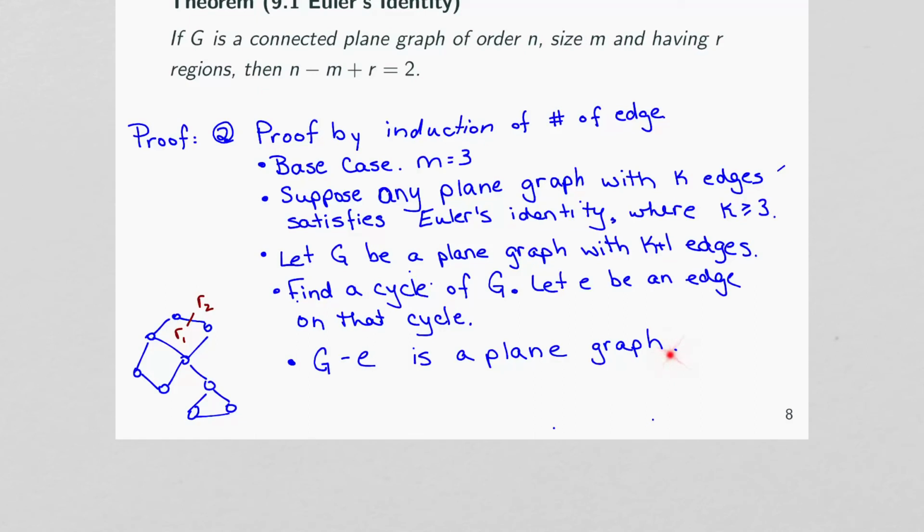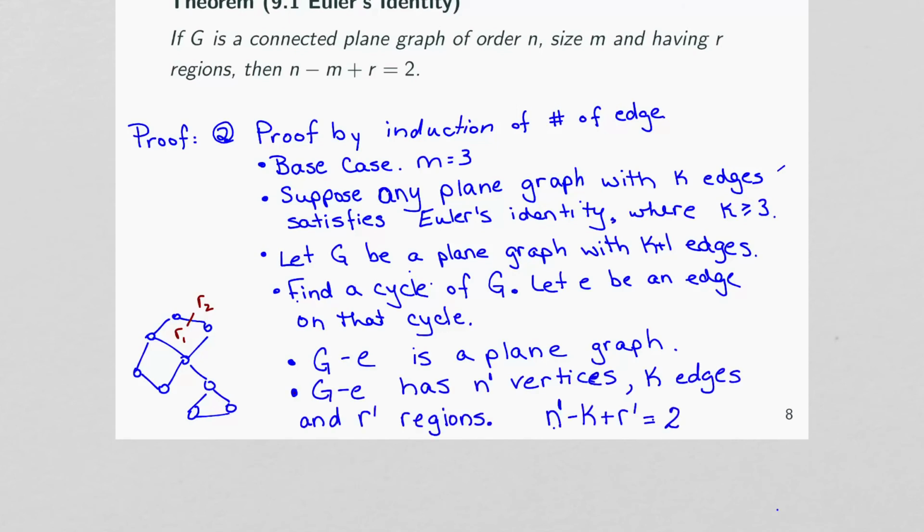It has the same number of vertices as the original graph, one less edge, and one less region. Let's say that this graph G minus e has n prime vertices, it has k edges, and it has r prime regions.